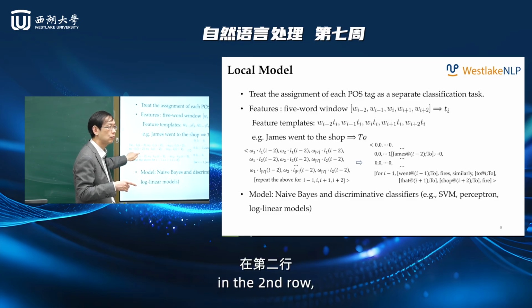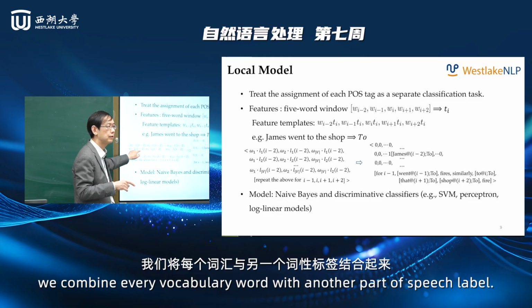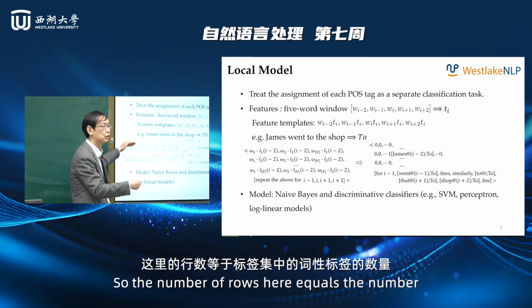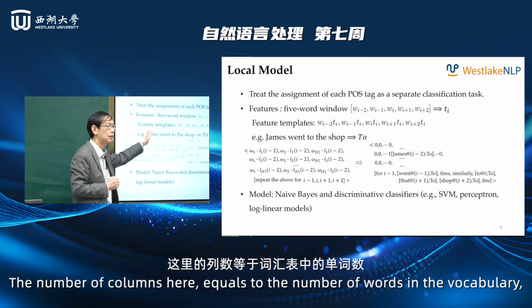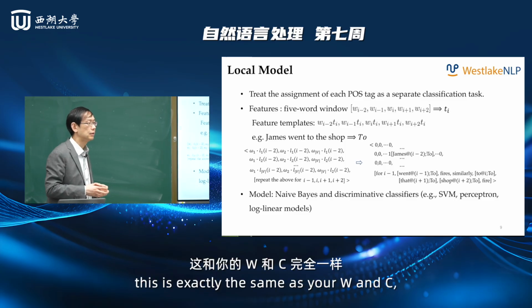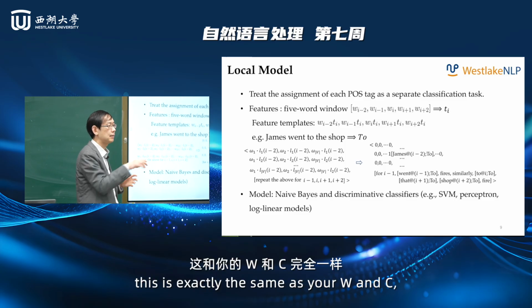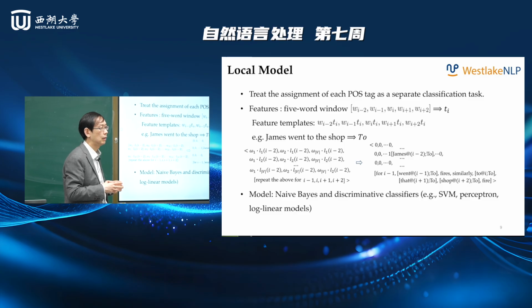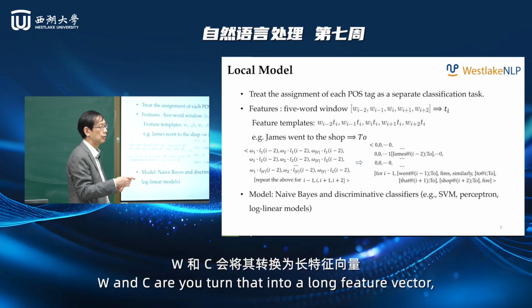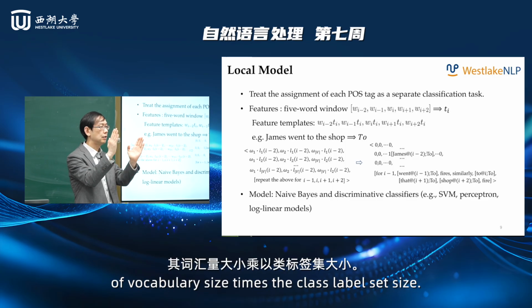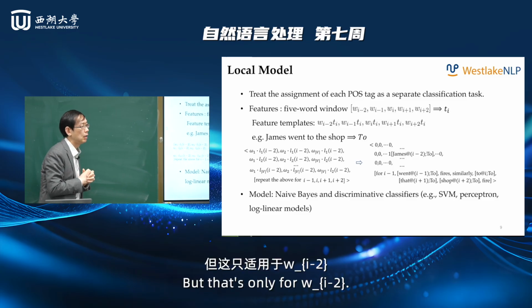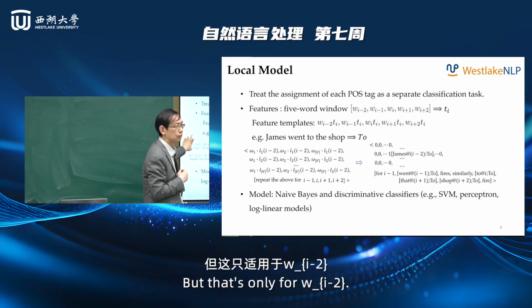And in the second row, we combine every vocabulary word with another part of speech label. So the number of rows here equals the number of part of speech labels in the label set. The number of columns here equals the number of words in the vocabulary. So this is exactly the same as your W and C. If you have a feature template W and C, you turn that into a long feature vector of vocabulary size times the class label set size. But that's only for W_{i-2}.